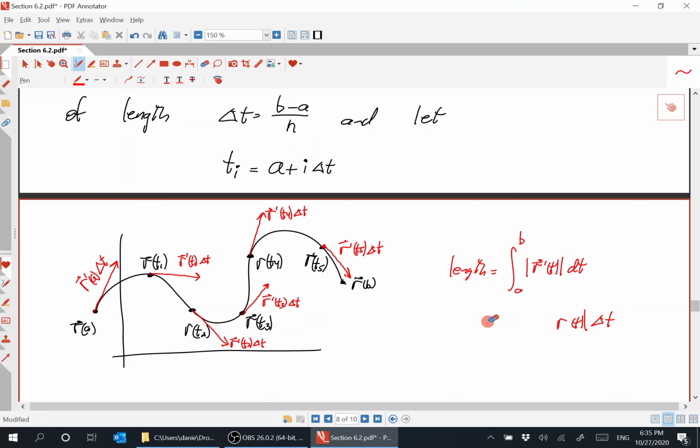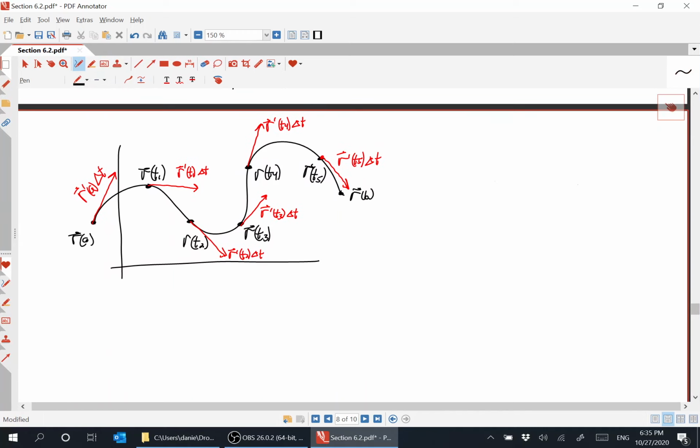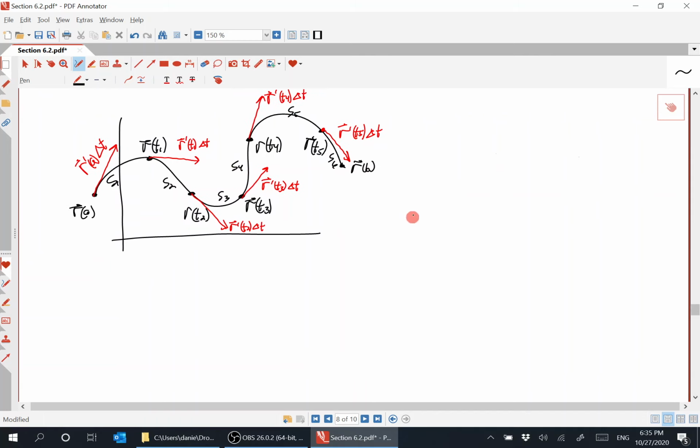So the work done along each small segment is approximately the dot product. So this is going to be segment 1, segment 2, segment 3, segment 4, segment 5, segment 6, and so on and so forth.